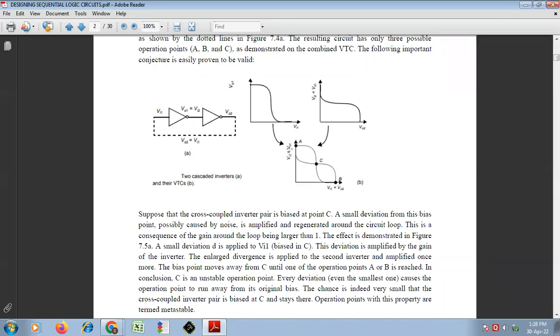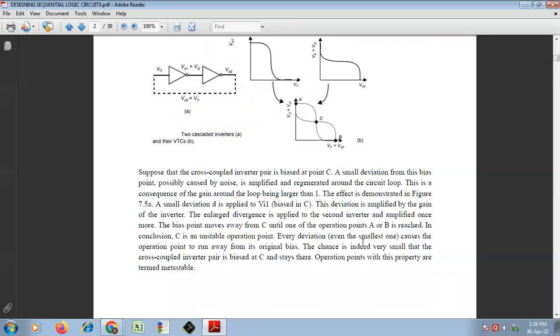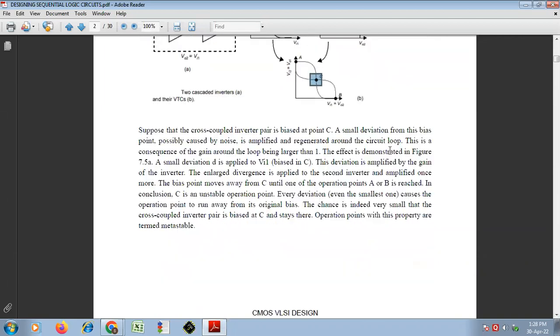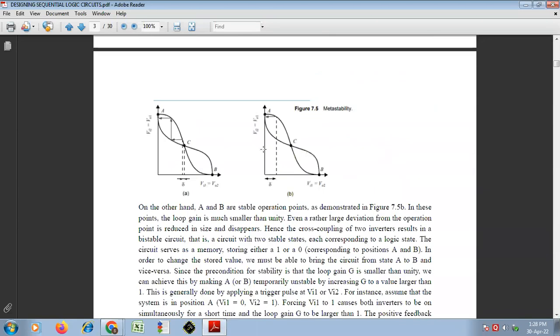That means ideally the bias of this inverter should be at C, but because of the deviation, it ends up at A or B. An operating point with this property is termed metastable. So the operation at point C, which is unstable and will go to either A or B, is called a metastable condition, as shown here.